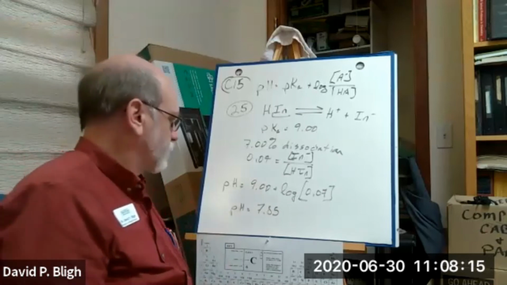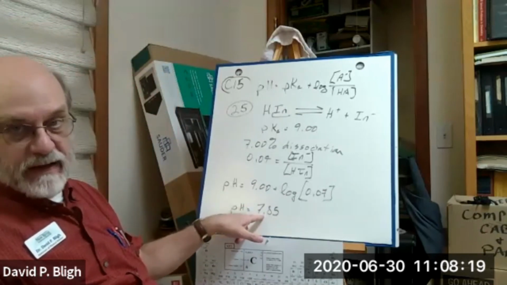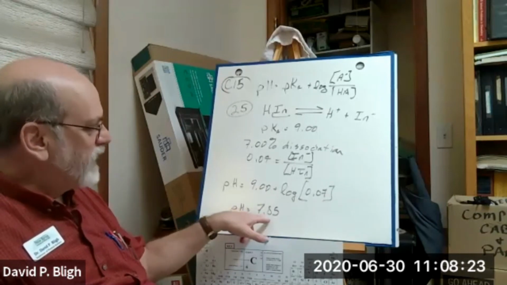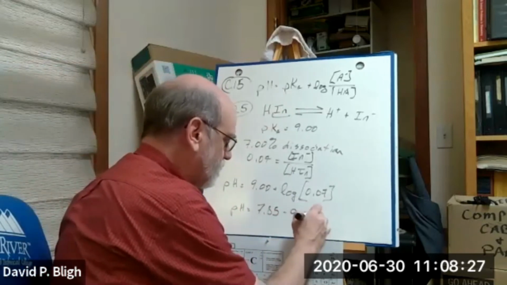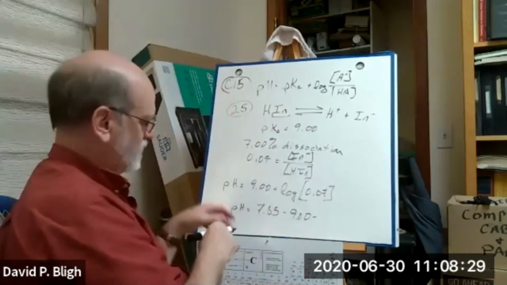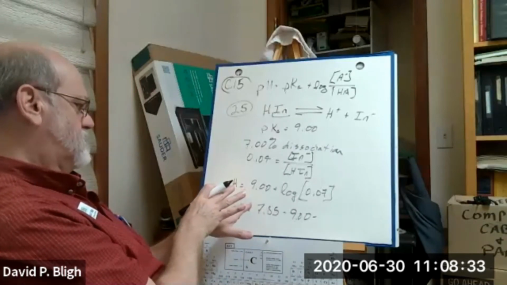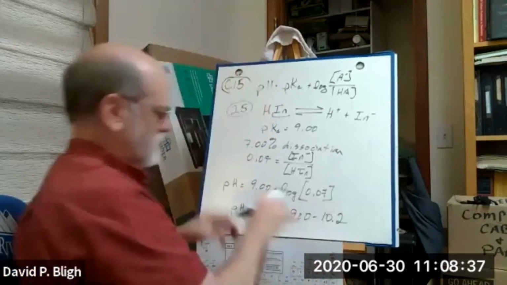Yep. So what that tells me is this is the bottom end of the color change, of the range. 7.85, 9's in the middle, and probably 10.2 on the other end.